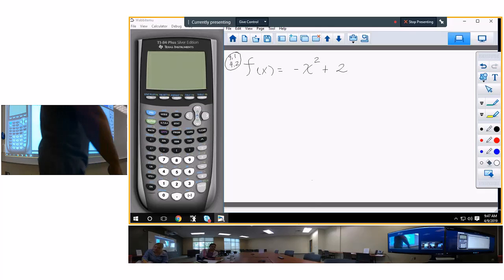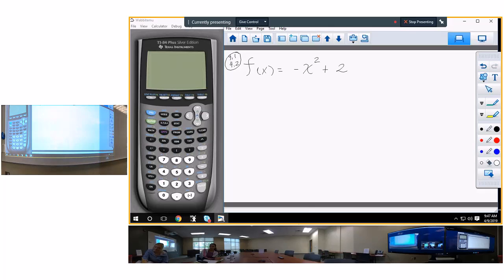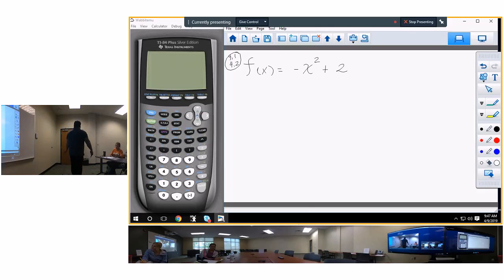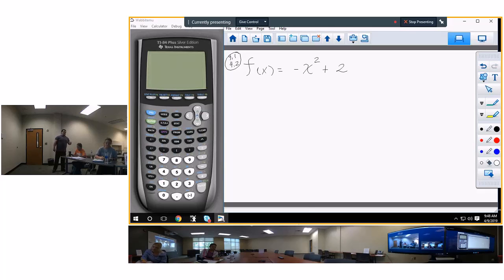Now I want you to either graph it by hand, use complete the square, or do it on a calculator. I don't care. And I want you to label, let's remember that we're in Math 110, everything about the graph after you sketch it. Sketch it in your notes after you put it on your graph. I want you to do increasing, decreasing, domain, range, vertex, all that good stuff.